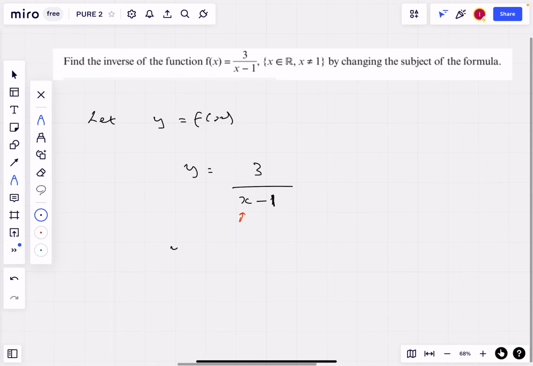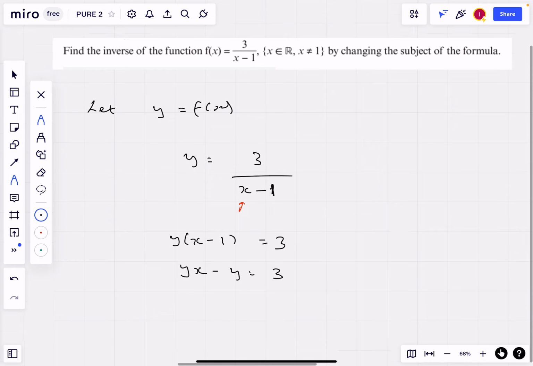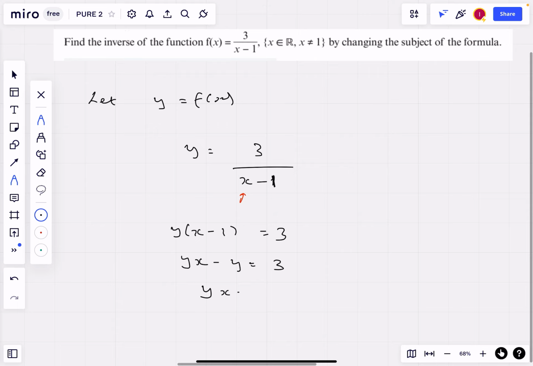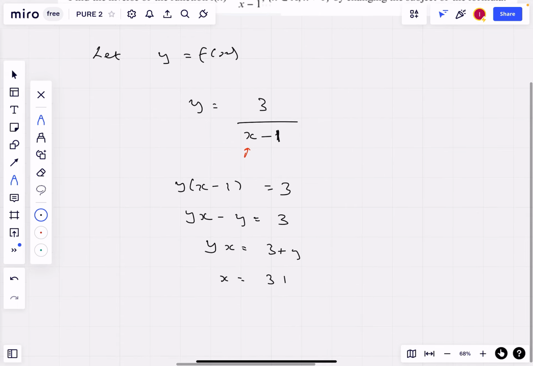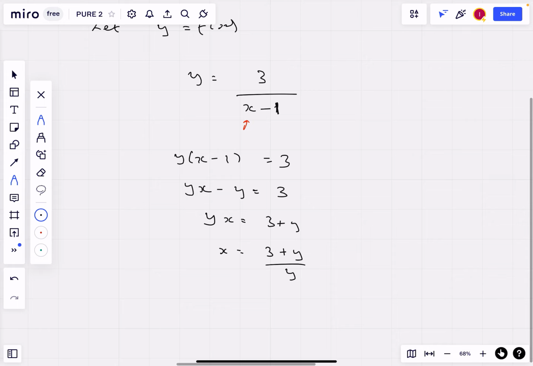So you're going to take it to the other side, like this. You're going to expand. You're going to move that y over. And now you're going to divide, like this. From this point, all you have to do is change the notations.